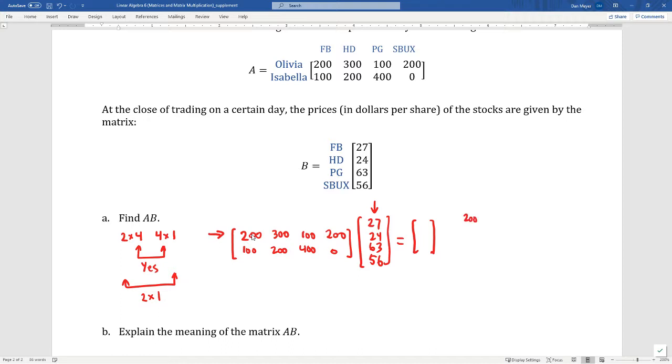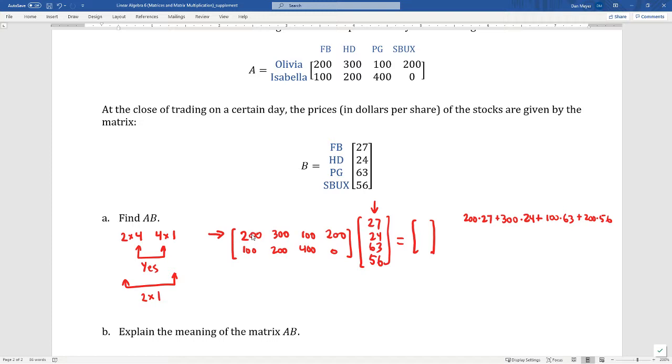So 200 times 27 plus 300 times 24 plus 100 times 63 plus 200 times 56.